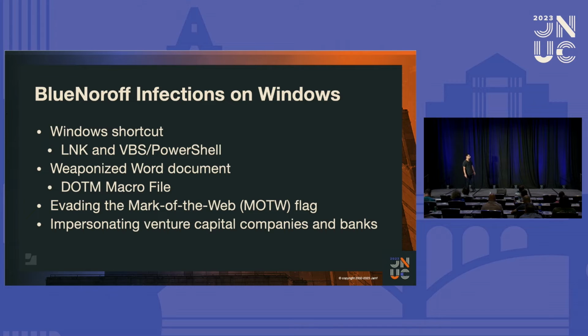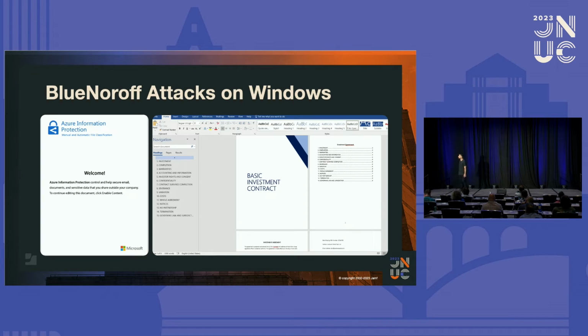Pretty recently, this group also evaded the Mark of the Web flag, which is kind of similar to Gatekeeper on macOS. And again, impersonating venture capital companies and banks is what you typically see on the Windows campaigns.